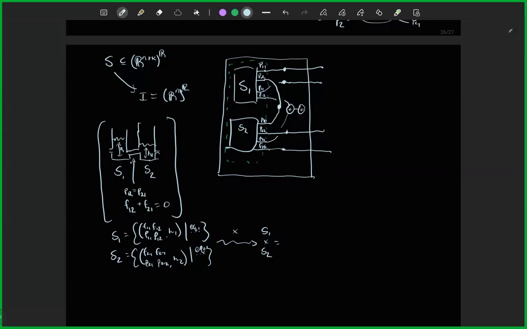So this is equal to the set of F11, F12, P11, P12, comma, F21, F22, P21, P22, comma, H1, H2, subject to equation 1 of the ones and equation 2 of the twos.